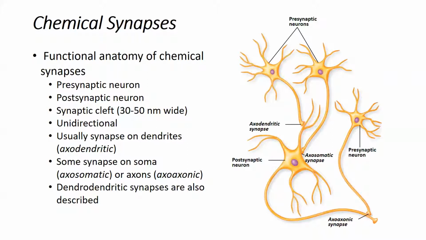So I'll point that out here. Of the three types of synapses we drew, the axodendritic synapse is between the terminal bouton of a presynaptic neuron and the dendrites of a postsynaptic neuron. So this is your axodendritic synapse, and this is the most common type of synapse that we see as chemical synapses.